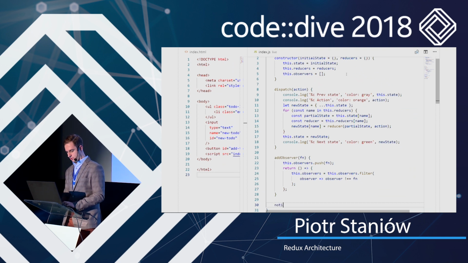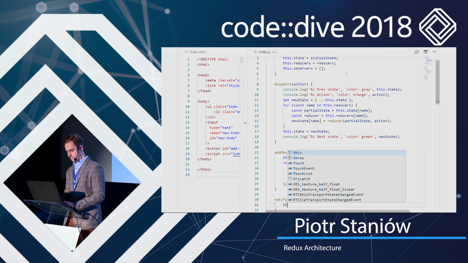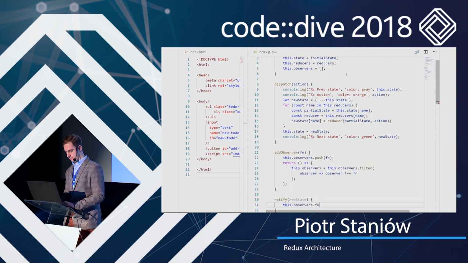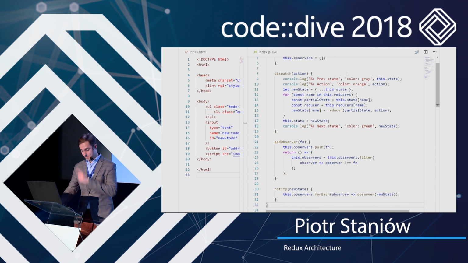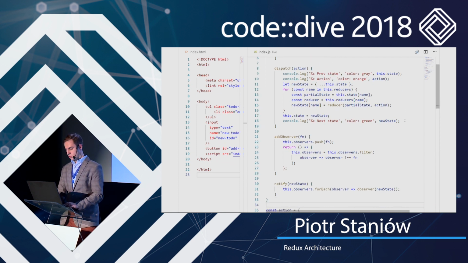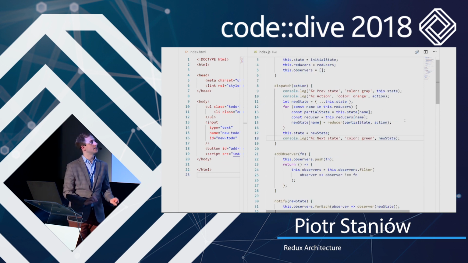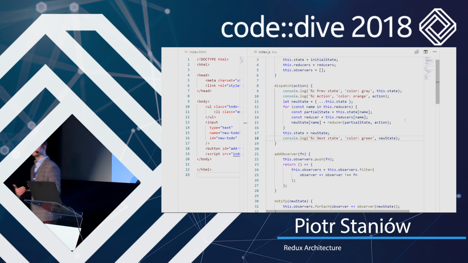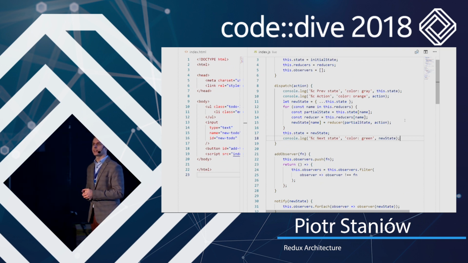And we'd like to notify all the observers that a new state is present. So whenever we change the state, and the only place where it occurs is this dispatch action, right?